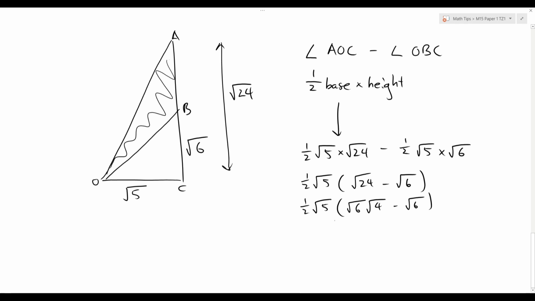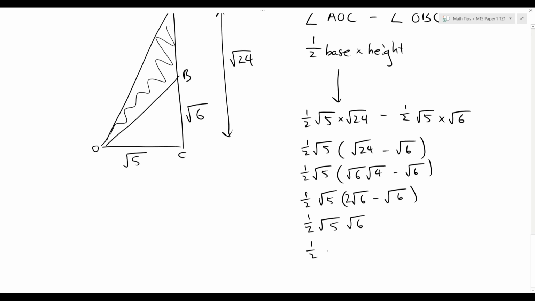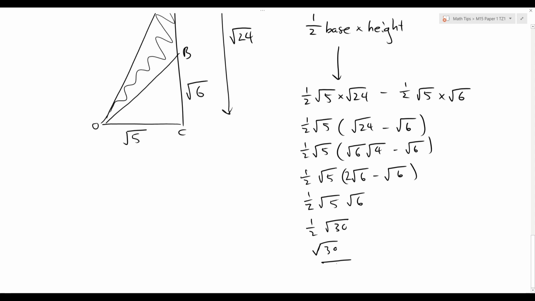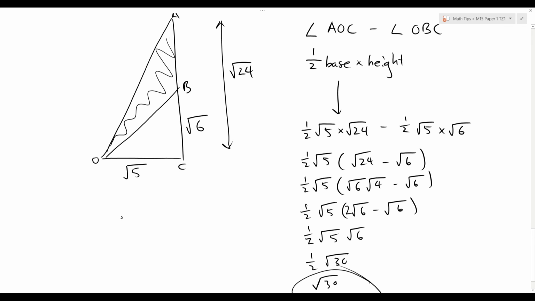This is half root 5 times root 6, which is equal to half root 30, which is equal to root 30 over 2. That's the answer. So the area of the triangle OAB equals root 30 over 2.